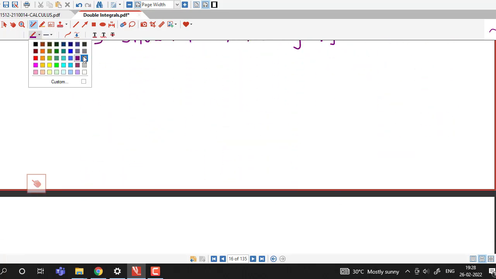So we just have to sketch the rectangular region, and for that let me use appropriate scale.